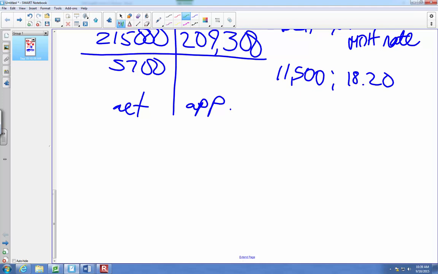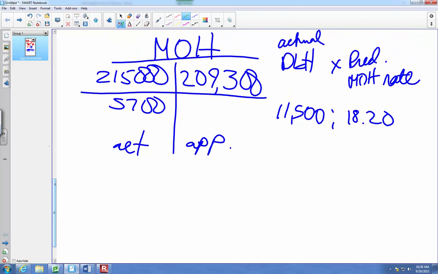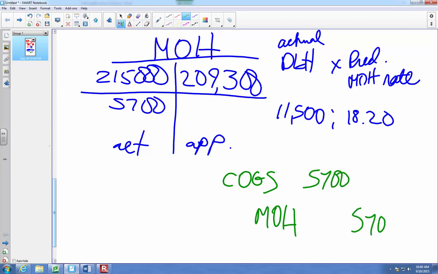Excellent. I'm going to debit COGS and I'm going to credit. And if you need to do this, which honestly, I guess I obviously do because I got the first one wrong, post it and prove to yourself that it zeroes out, because I can't have a balance in here.